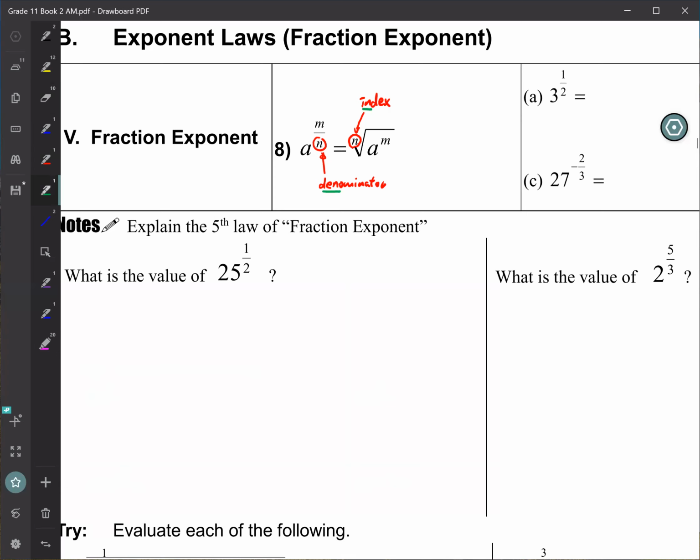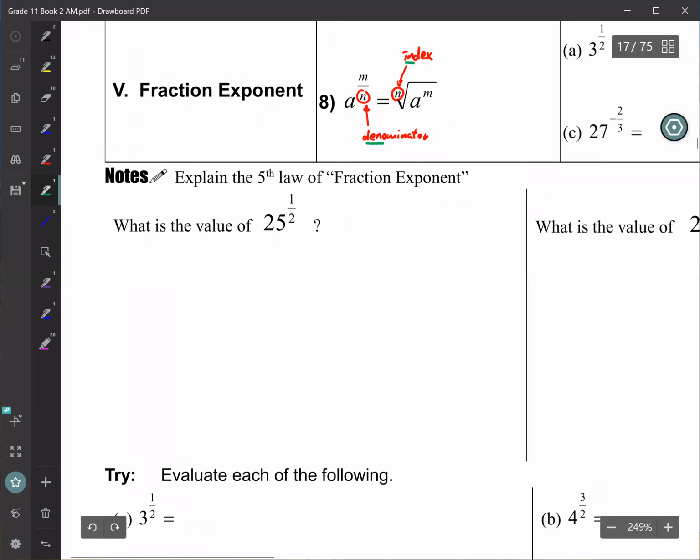So why does it work like that? I cannot just throw this rule at you and say, just remember this. So let's see why it works. How come when you have a denominator in the exponent, it becomes a radical? Here we'll use a simple example, 25 to the half, and see what happens.